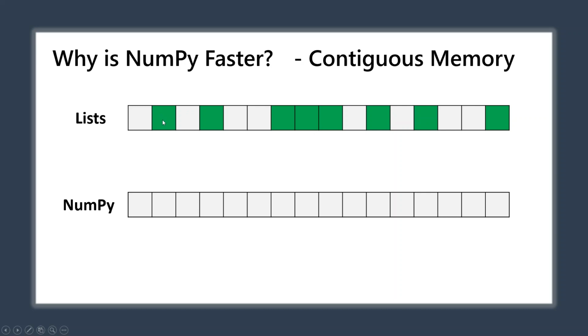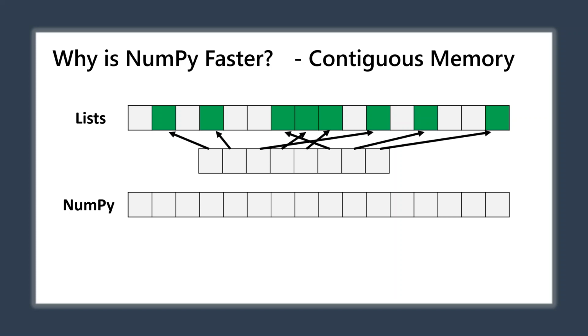So you have some information here, you have some information here, you have a good amount of information in here, then you skip a block here, and skip 2 blocks, you have some information here. So it's all kind of scattered around. If you have an 8-item array, that list is actually just containing pointers to the actual information that's scattered around our computer's memory.